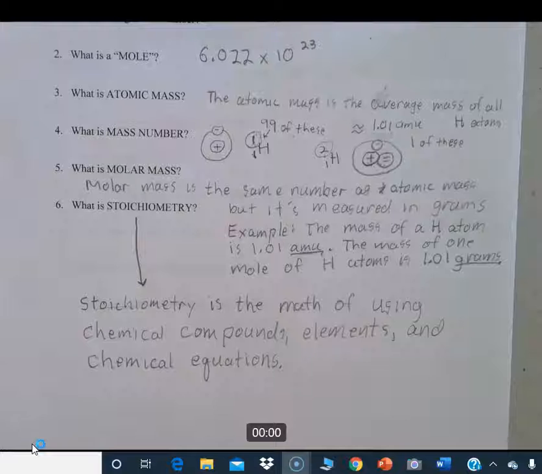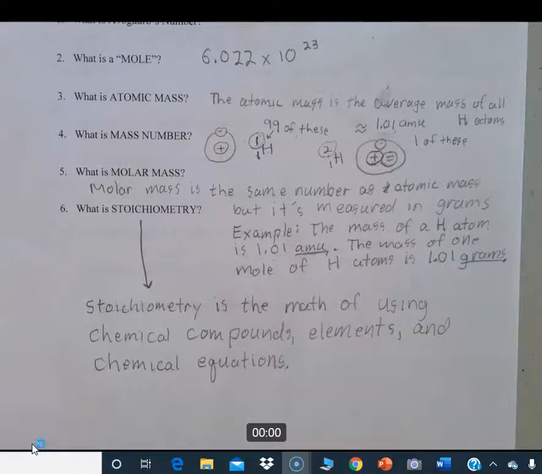And you're going to see that later this week and next week, the use of stoichiometry. We're going to start working with chemical equations, and just like recipes in cooking, they will help us to tell how much of a certain element or compound we need to make how much of a different element or compound, just like a recipe. And that's called stoichiometry. So it's the math surrounding the use of chemical equations.